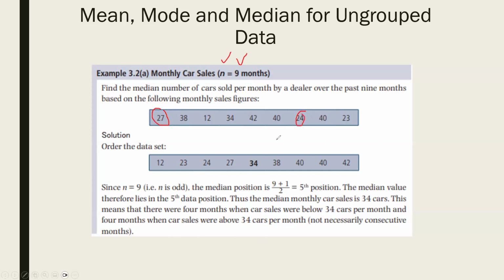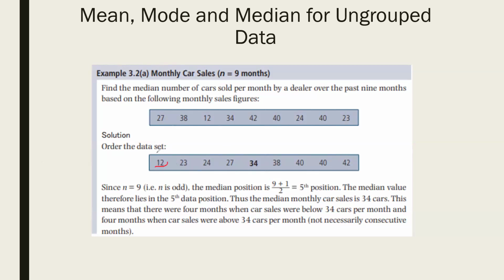So the first rule, when you want to calculate the median, is to sort the data in ascending order, all right? When you sort the data in ascending order, you start with the smallest value and go to the maximum value.